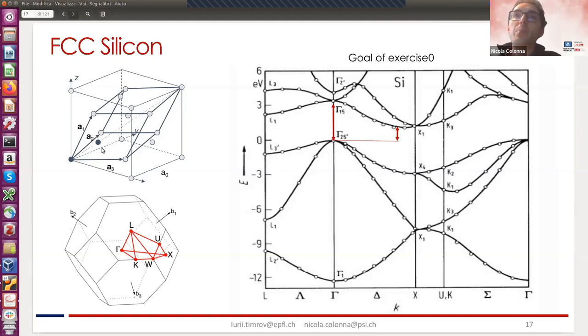And inside this primitive cell, you have two inequivalent silicon atoms, one sitting at 0, 0, 0, and one sitting at 1/4, 1/4, 1/4, so along the diagonal of the cube.